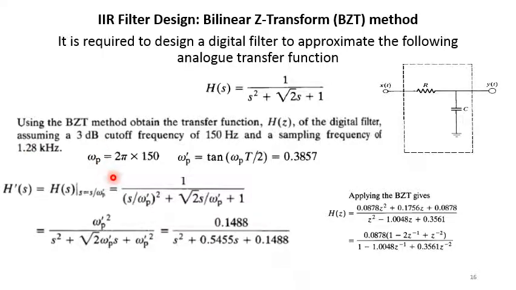From there you can easily find it, or maybe I just write it. So on simplification you will get some value, which is 0.3857.